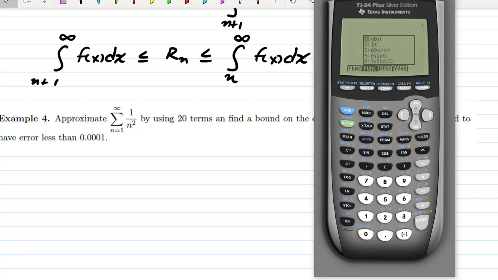So we grab sigma, and we have the sum as n goes from 1 to 20 of 1 over n squared.